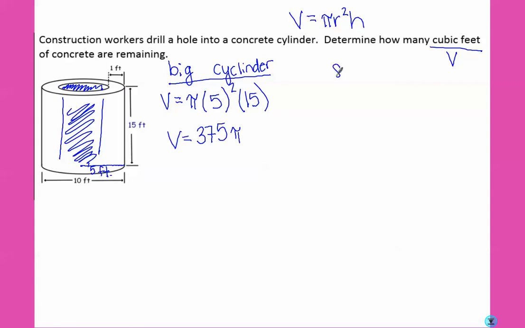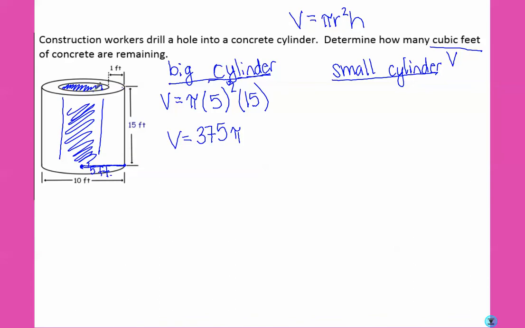So now let's find the volume of the small cylinder. And I just realized I spelled cylinder wrong over there. All right, so the volume of the smaller cylinder. We know that from the edge to the middle of the big cylinder is 5 feet.